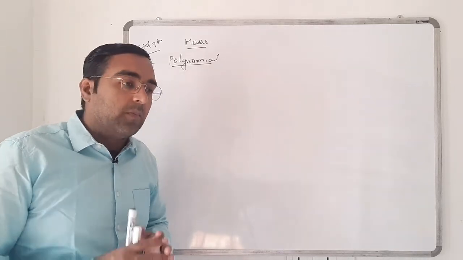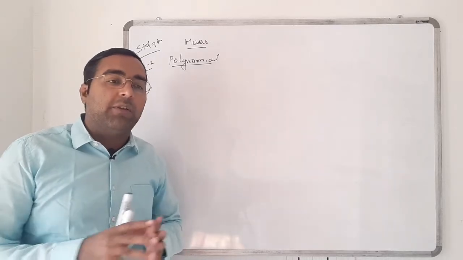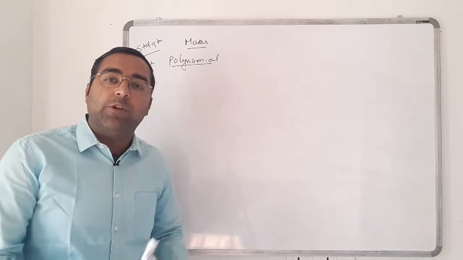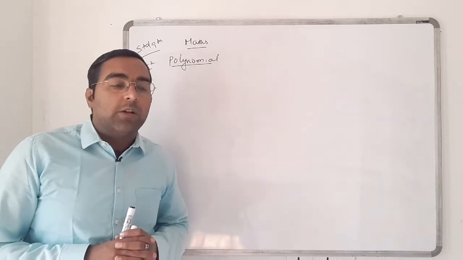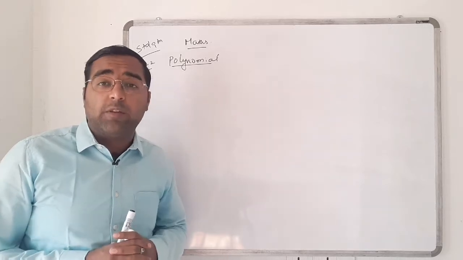So that depends on the terms of the polynomial. Now we have to define the types of polynomial depending on the degree. What is the degree of the polynomial? The degree of the polynomial is the highest power of the polynomial.